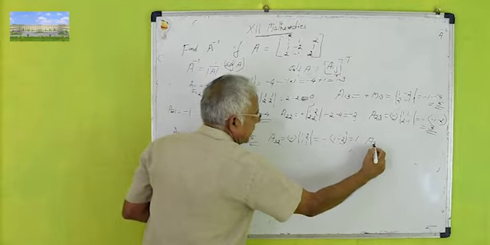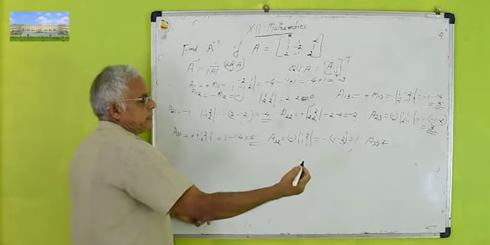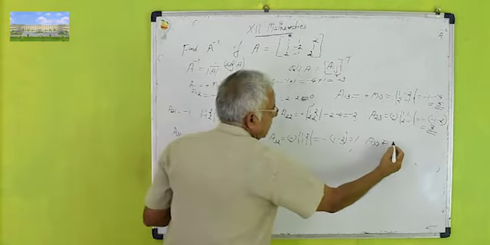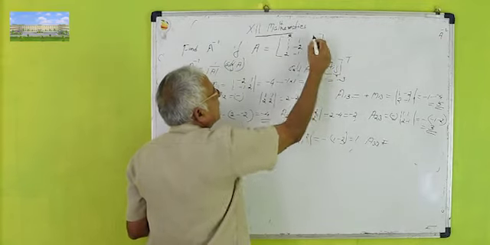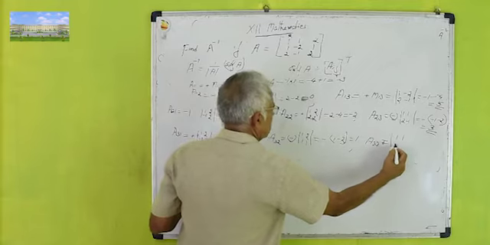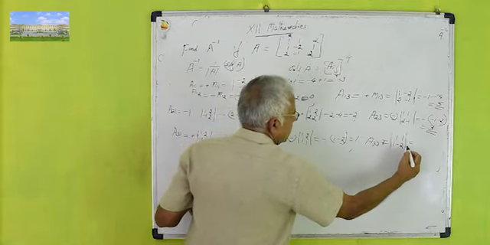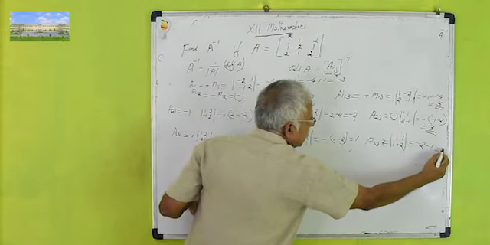Similarly, A33: the sign is positive, 3 plus 3 is an even number, into M33. Delete the third row and the third column: 1, 1, 1, -2, which is -2 minus 1, equal to -3.